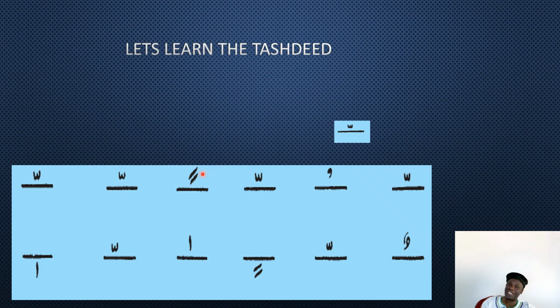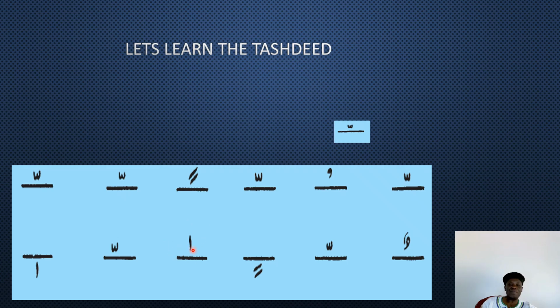This is fathatain, double fathas, and this is tanween, dhummatain, shadda, kasratain. Now, I think here we have been introduced to another vowel, but we're going to go into this later on.